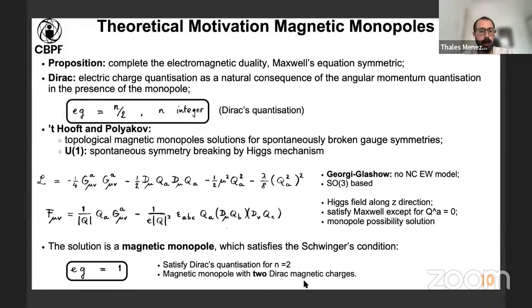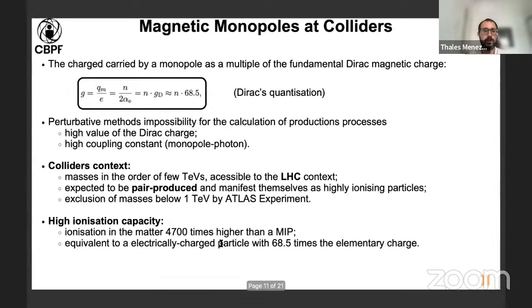But how can we treat this particle? How can we study this particle in the context of colliders? We see that the charge carried by a monopole is a multiple of the fundamental magnetic charge provided by Dirac.